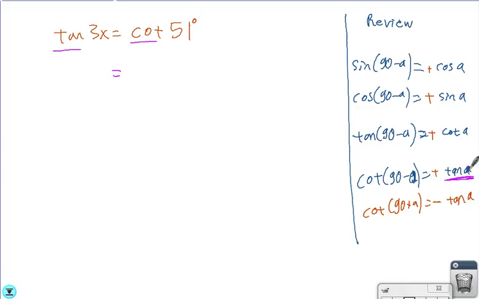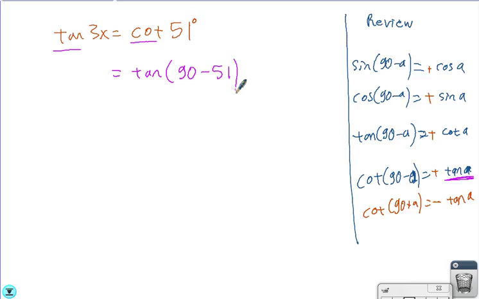Or tangent of something. If I write it cotangent, how? So what would I do? So cotangent 51 same with tangent 90 minus 51.